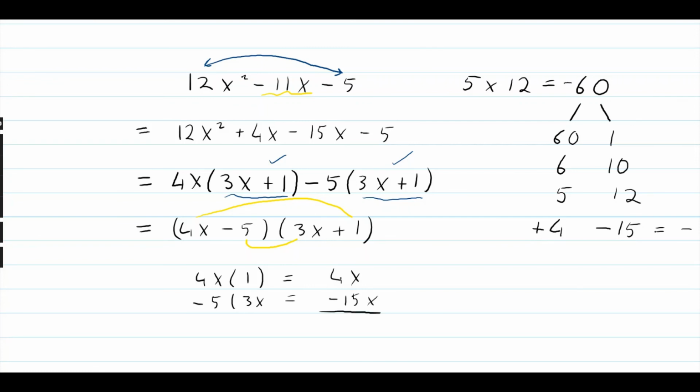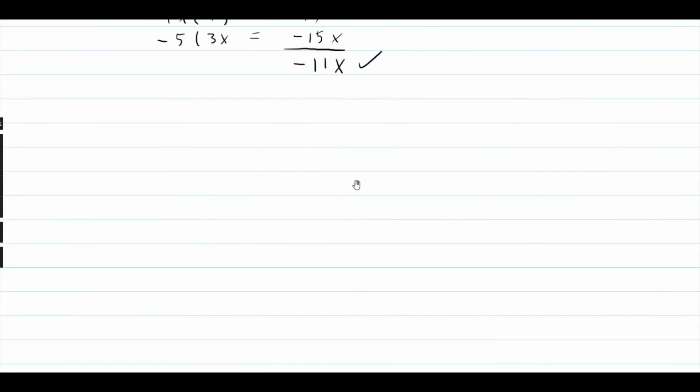And if you were to sum them together, 4x minus 15x, you get minus 11x. So this would be one way that you could check that your answer is correct, just by checking the outer sides multiplied, summed with the inner sides multiplied here. So that's a way of checking it, and it's also a way you could factorize it as well.